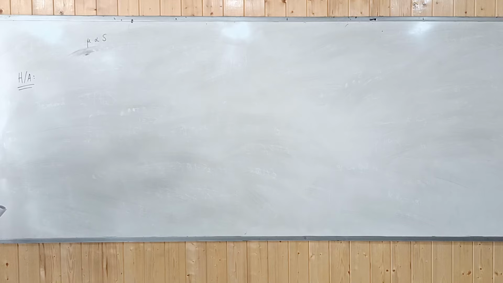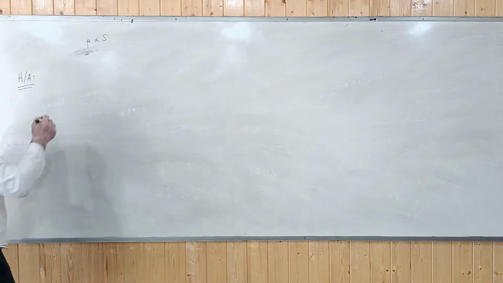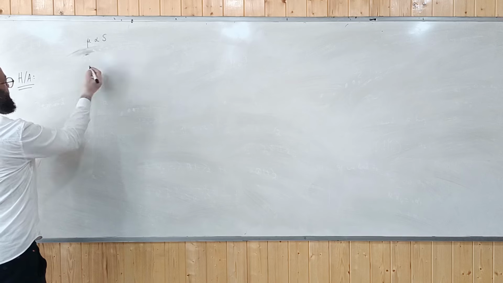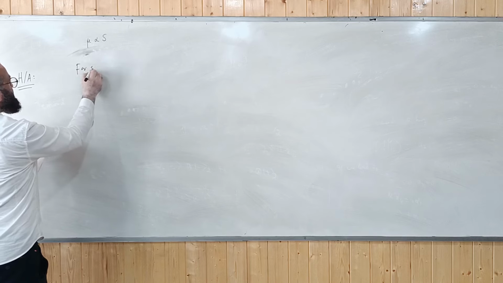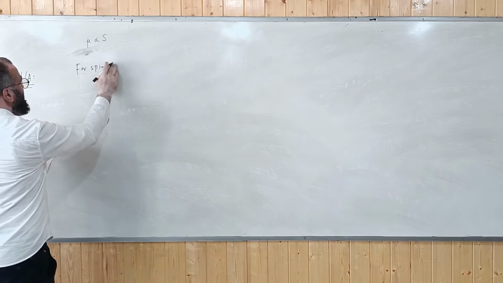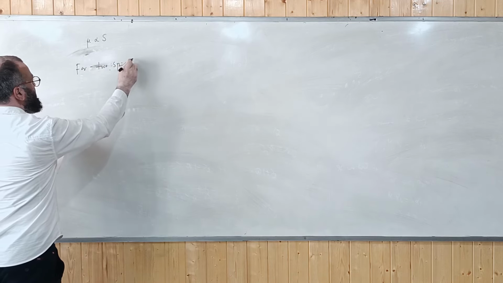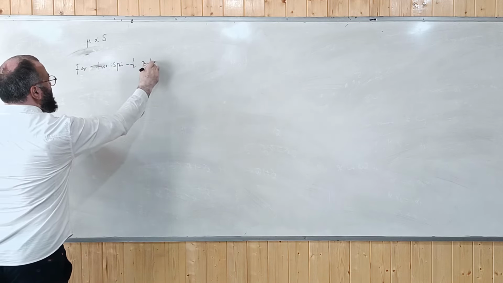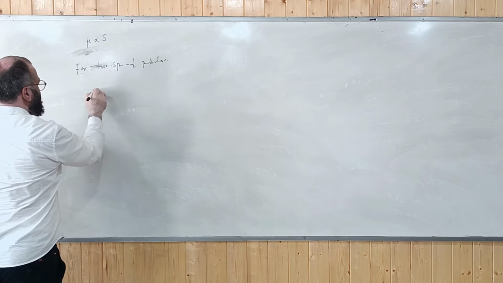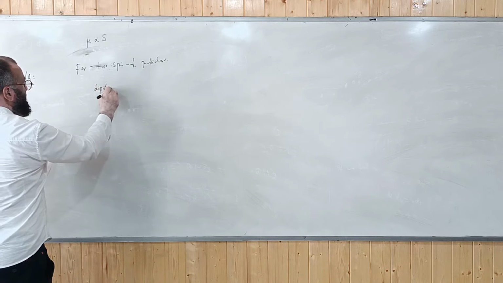So let's try to interact these dipoles. So what will you be getting? A dipole-dipole interaction, clear? So how do you write that? For 2 spin half particles, I can write the dipole-dipole interaction like this.